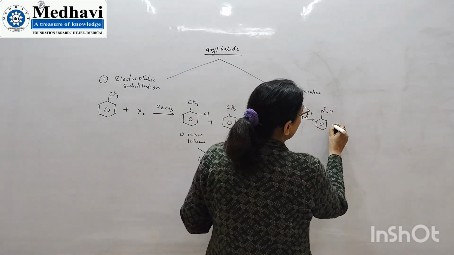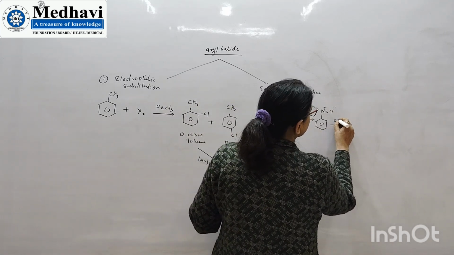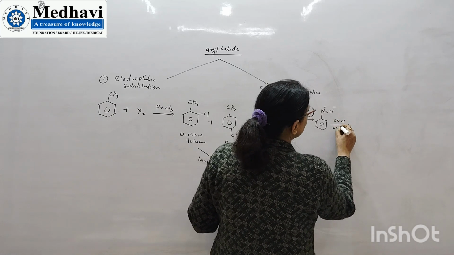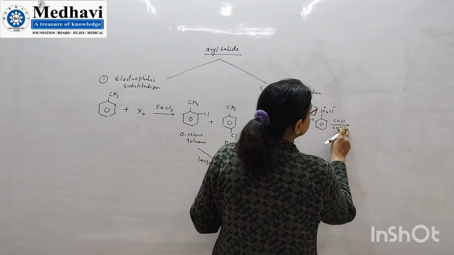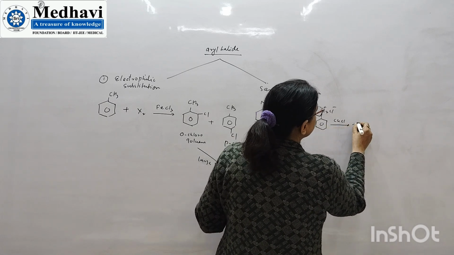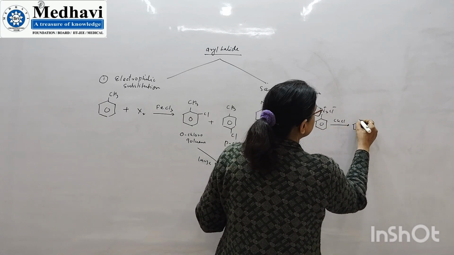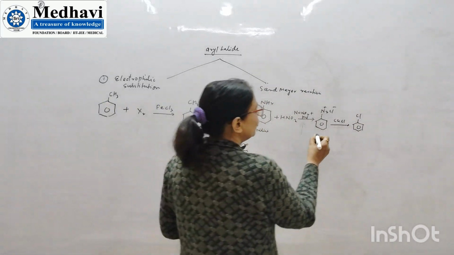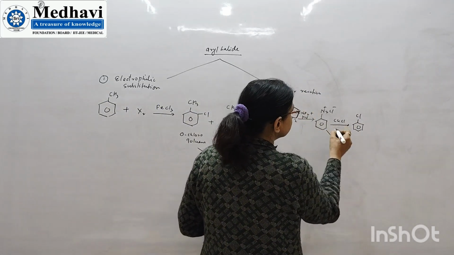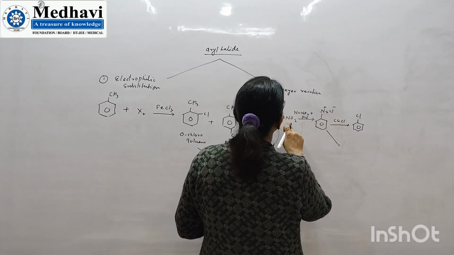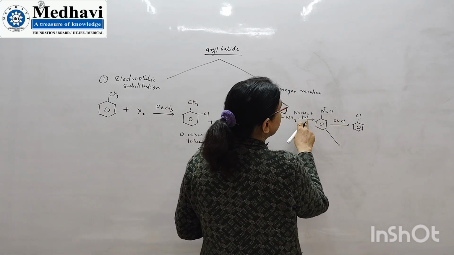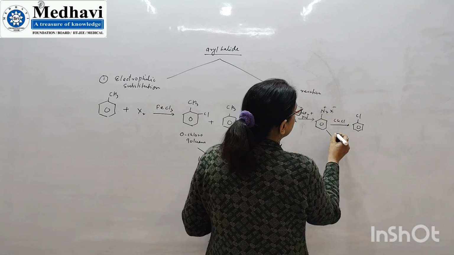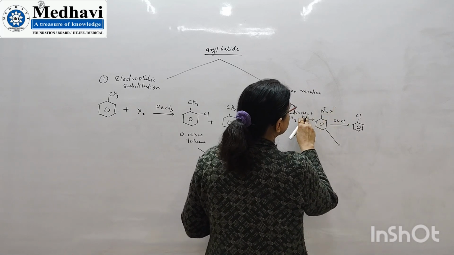This diazonium salt, when treated with a copper(I) halide, that is CuCl or CuBr, then suppose CuCl is taken, then chlorobenzene is produced. If CuBr, here in place of HCl we have taken HBr, so here it is better to write HX.